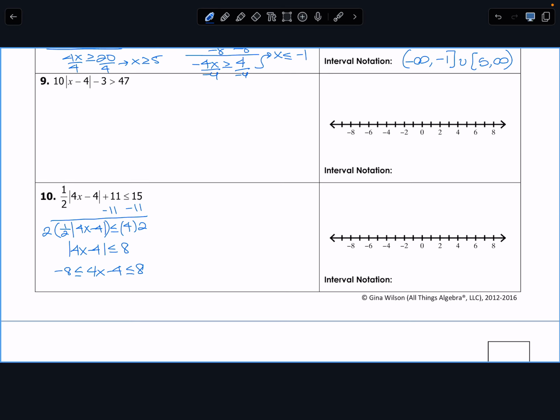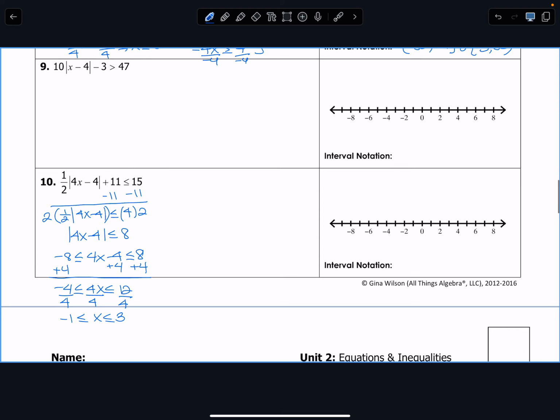Create myself a little sandwich. Add 4 to everything. I get negative 4 is less than or equal to 4x, which is less than or equal to 12. Then I have to get x by itself, so I divide everybody by 4. So I have negative 1 is less than or equal to x, which is less than or equal to 3.